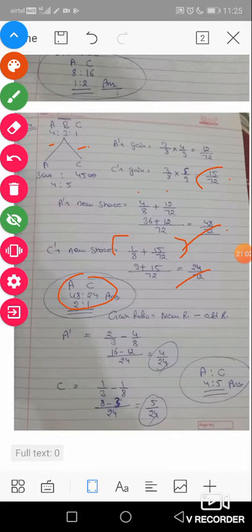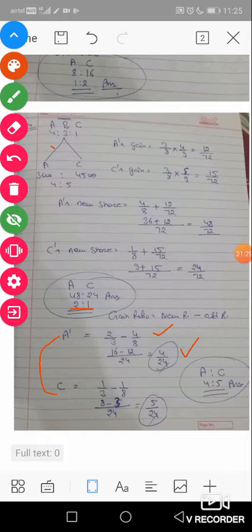C. Now next, the gaining ratio of A and C, because after retirement of B, the gain of A and C is new ratio minus old ratio. A's new ratio is 2 upon 3 minus old ratio 4 upon 8, which after calculation is 4 upon 24.